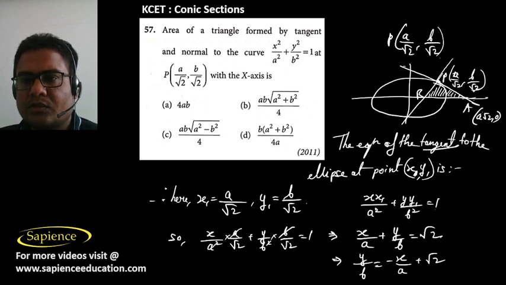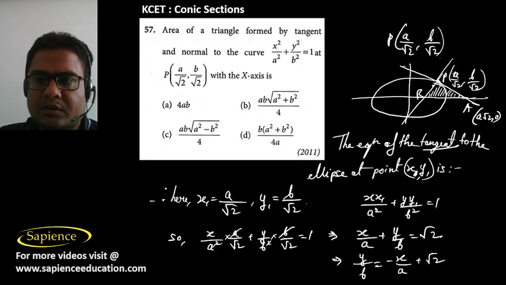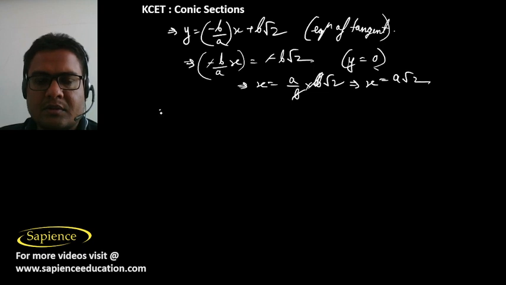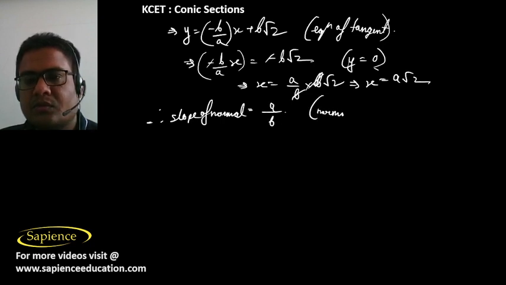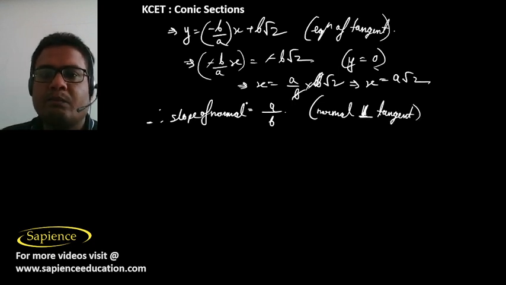Then we have to find the equation of the normal at the point P. Therefore the slope of the normal will be equal to a by b, since the normal is perpendicular to the tangent, so the product of their slopes should be minus 1.